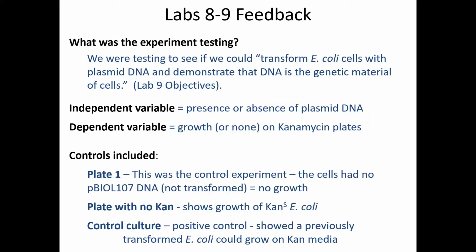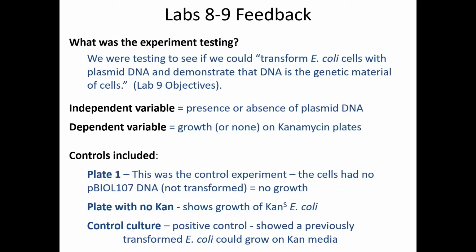So in this answer, you had to tell me what was going on with 4 plates, right? So one of the plates was the actual experiment. Plate number 2 was where we added DNA to the competent cells and it became kanamycin resistant. All the other 3 are different types of controls. Plate 1 is the control for the independent variable, so there was no DNA added.